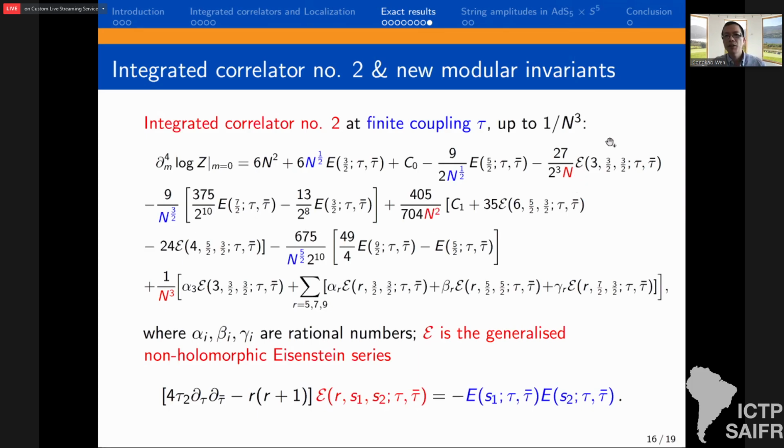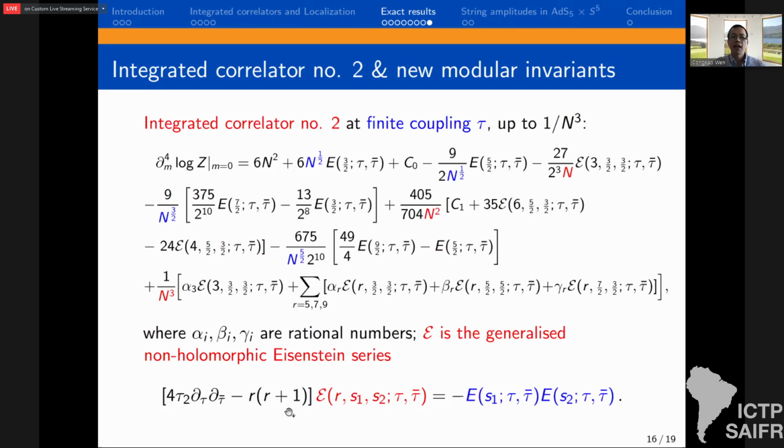Now, for the integer powers, a new modular invariant function appears. It appeared early on in the study of string amplitudes. These are called generalized non-holomorphic Einstein series. They are defined below. Let me remind you, the non-holomorphic Einstein series obey a very similar Laplace equation, but it's homogeneous, in the sense that the right-hand side was 0 before.